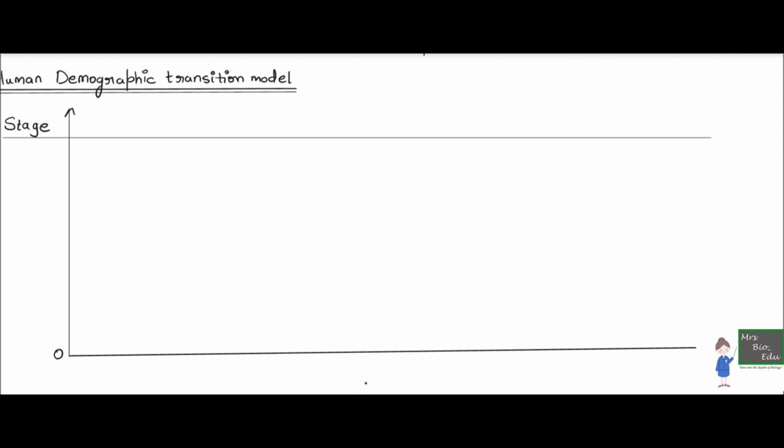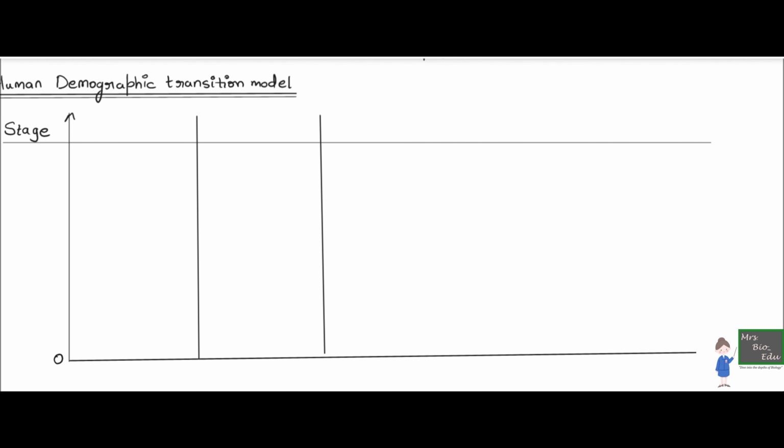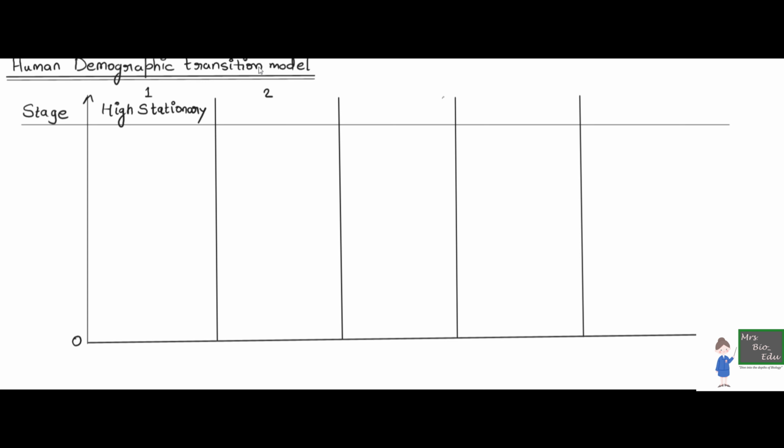It looks quite simple, but for a population, this is quite a difficult task. But somehow some countries are able to manage it with their lifestyle and the type of medical services they have. So this graph over here explains how you reach that point. And this graph is a little expansion of what you see from class 12th NCERT, but it helps to understand the concept of zero population growth.